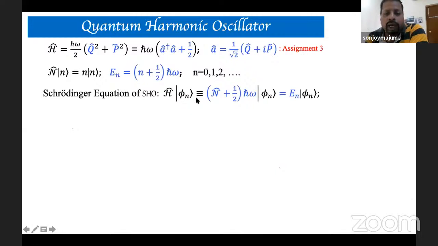The number operator acting on the number state will give you the number state back, with small n as the eigenvalue. So we get back n as the eigenvalue when we operate the Hamiltonian on the number state. So the number states we have obtained are also eigenstates of the Hamiltonian.